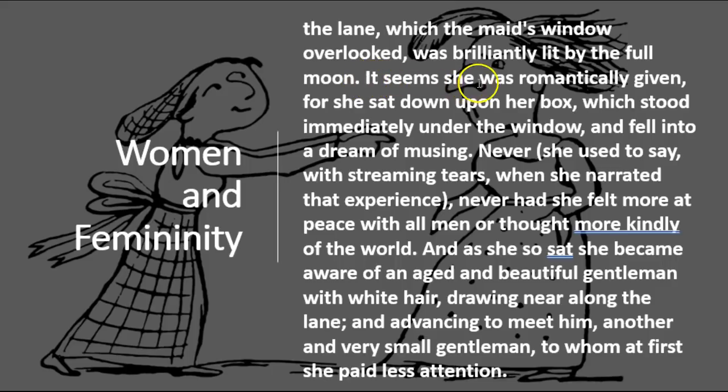"It seems she was romantically given, for she sat down upon her box, which stood immediately under the window, and fell into a dream of musing." So we get a sense of satire here, where Stevenson is playing with this idea of what the perfect woman should look like. She has to be romantic and dreamy, and she must think a lot.